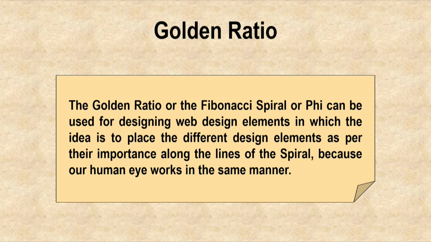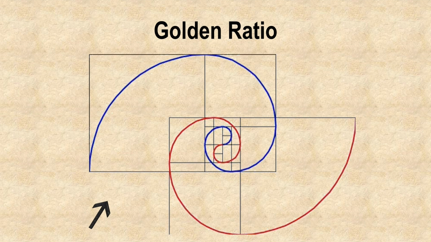So if we want certain elements to be seen first as per the importance, we can arrange them accordingly around the spiral shape. So in this figure we can see how we are thinking of giving the importance to the different graphic elements and how we want to place them around this spiral shape.